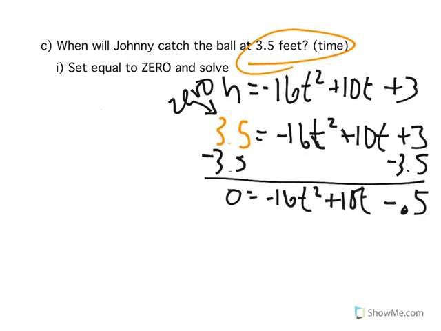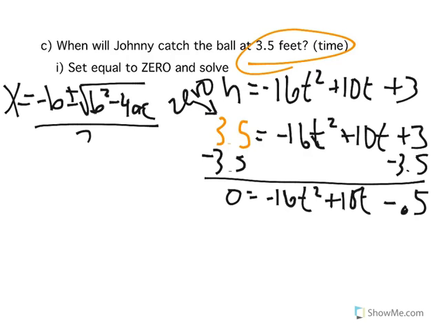Now that it's equal to 0, we can use the quadratic formula. x equals negative b plus or minus the square root of b squared minus 4ac, and then everything is divided by 2a, where a, b, and c are what we're going to plug in.